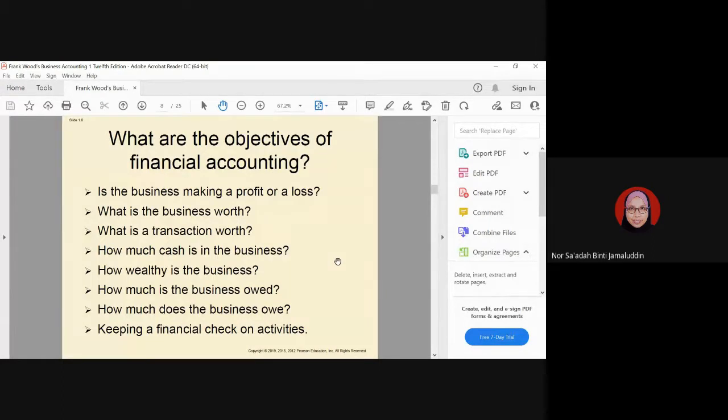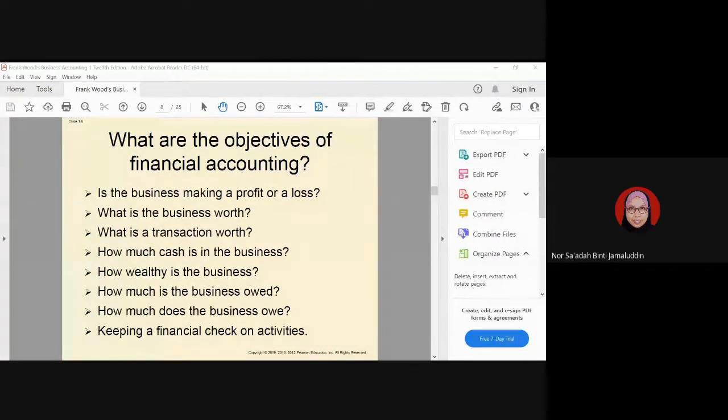What is the transaction worth? How much cash is in the business? How wealthy is the business? How much is the business owed? How much does the business owe? And keeping a financial check on activities. All these questions you can answer if you refer to the financial statement that all organizations should prepare.